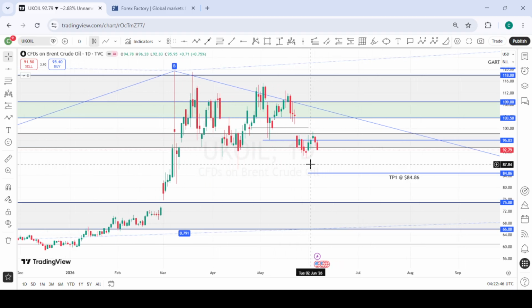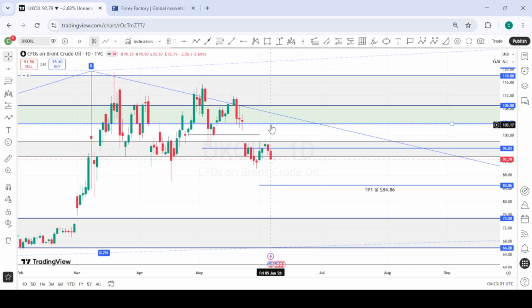So now we are just going to see some divergent movements on both assets or both pairs. So DXY is an index, and this is a commodity. So Brent crude oil is still showing its bearish intent to give us selling opportunities to this area of $66 to $75 per barrel.